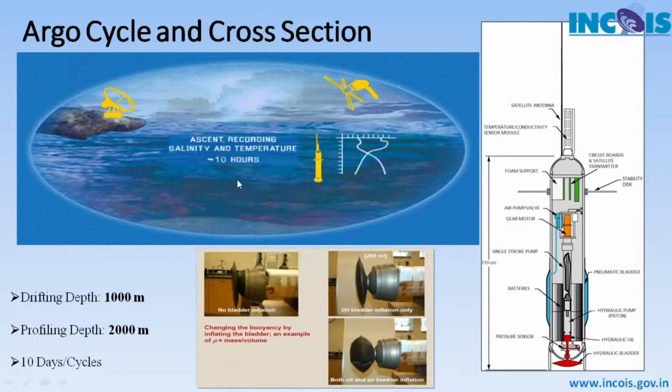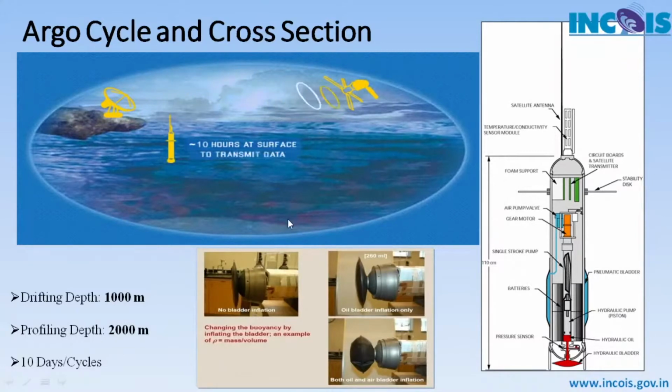The float stays there at that parking depth for almost 10 days, and when the time approaches for it to measure, it sinks to the profiling depth and then starts going up. While it is surfacing, it keeps on measuring the temperature and salinity at predefined depths and stores the data internally, and once it reaches the surface, it communicates back to the satellite, which is received at the ground station. So this is how the Argo float works in a nutshell.